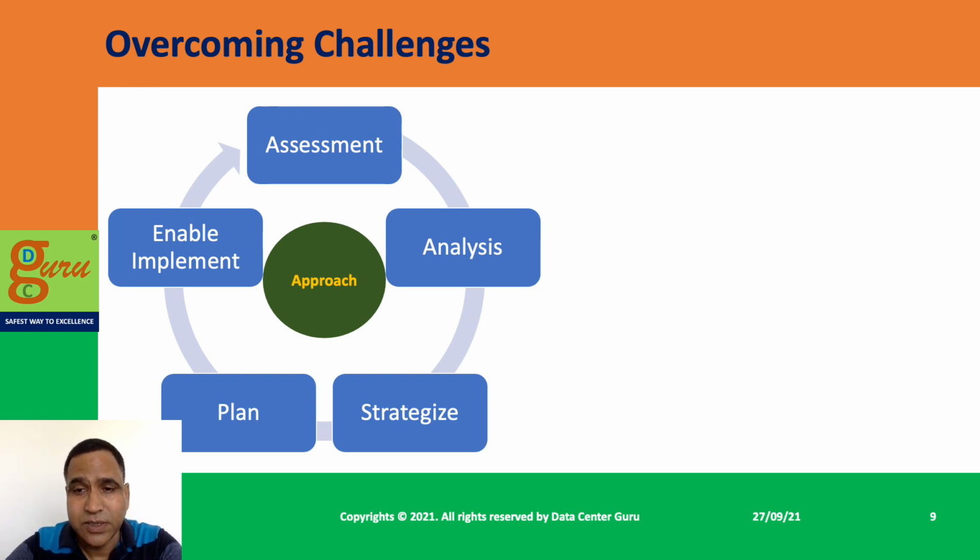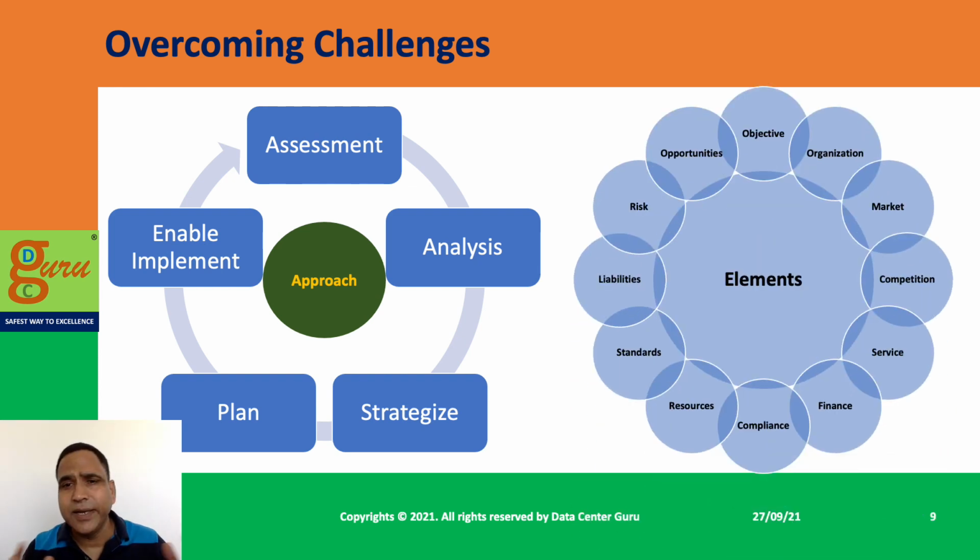Then, based on the analysis and the objectives you set, you need to prepare the strategy to achieve those objectives. Then you break the strategy into an action plan, and implement that action plan to achieve the result. That's how it goes, as a cycle, as an approach. This is very much a 30,000 feet view. If you are interested, we can run a separate presentation to explain how it goes.